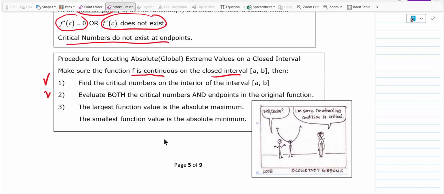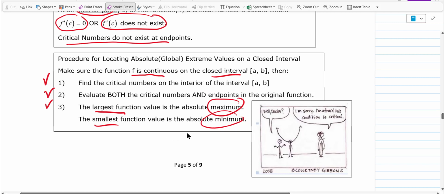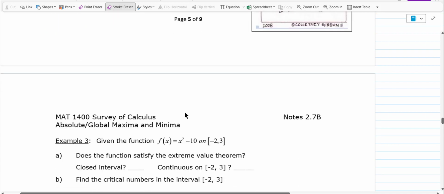Step two, evaluate the critical numbers and the endpoints by plugging those into the original function. Step three, the largest function value is the absolute max, and the smallest is the absolute min. I'm going to do some examples that take you through this three-step process, and then you'll understand why this works. This is basically what the extreme value theorem tells us we can do.